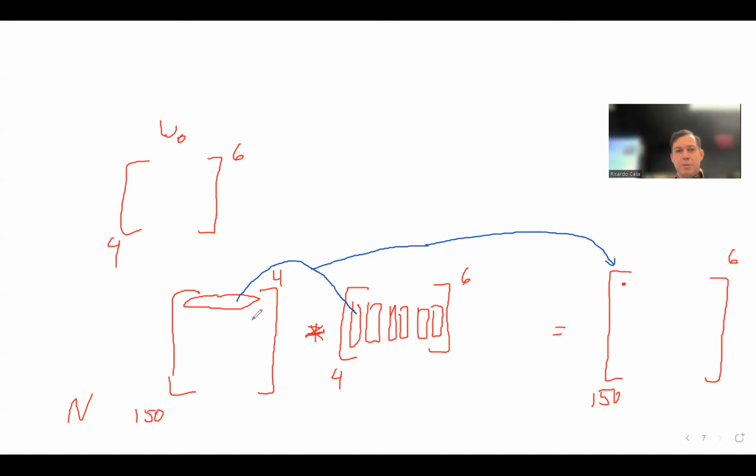Now I'm going to do this same one, but times this one. They're both 4, and that then produces the value that goes there. So I'm going to now switch back to red.